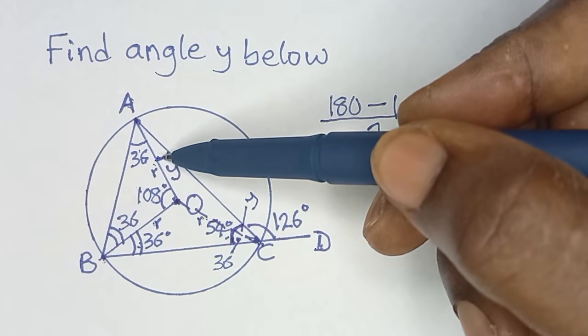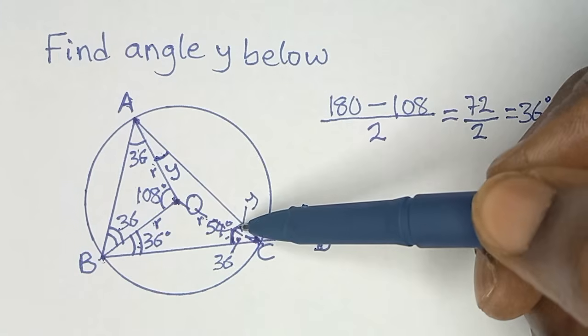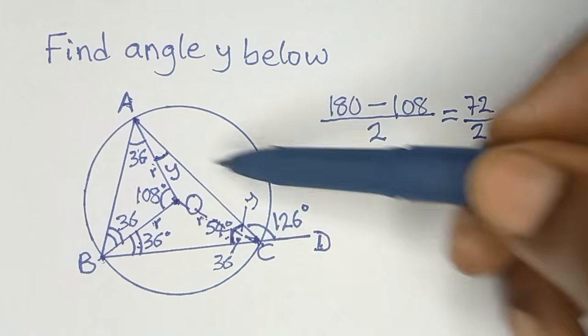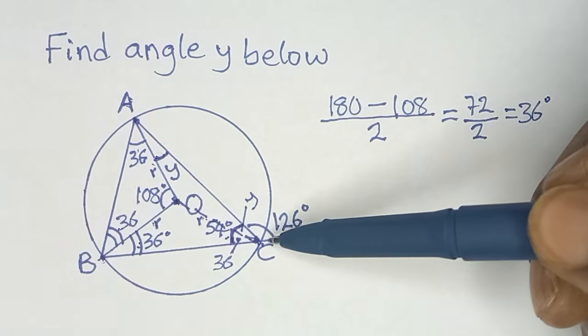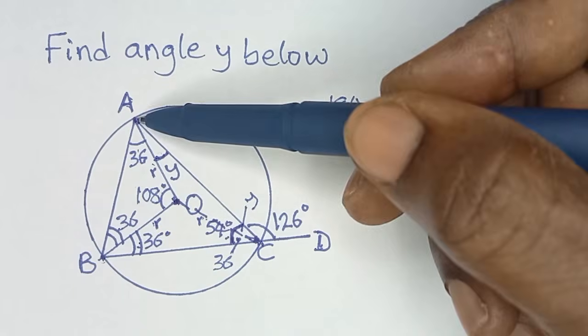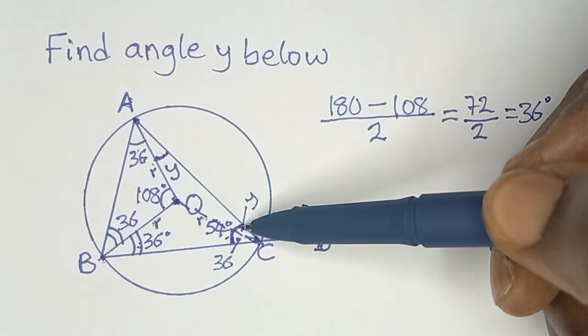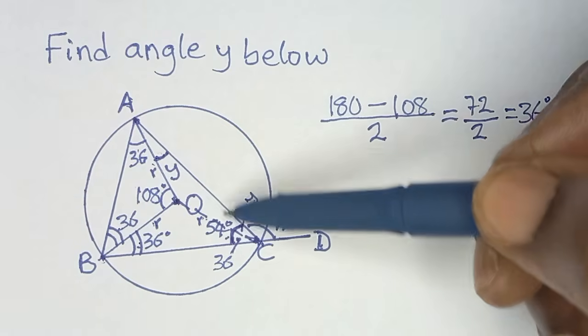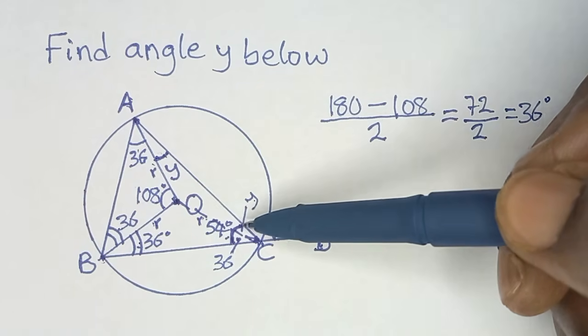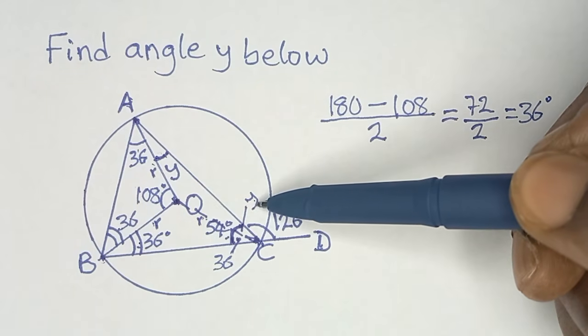This is the base angle, angle y. So this second base angle of this triangle, don't forget I'm using triangle ACO now. Triangle ACO. That's the triangle I'm using. So this base angle here will also be y because the base angles of an isosceles triangle are equal. So this is y as well.